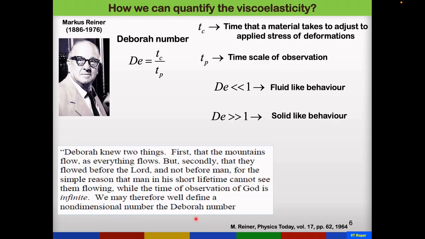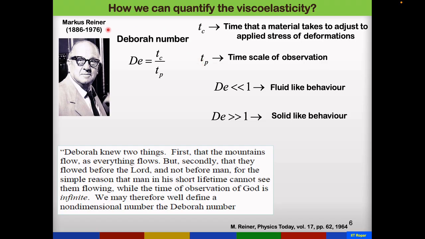Then the question is how we can quantify the fluid behavior. There should be something we can utilize to say that this fluid is very elastic, or very viscous, or has both viscous as well as elastic behavior.